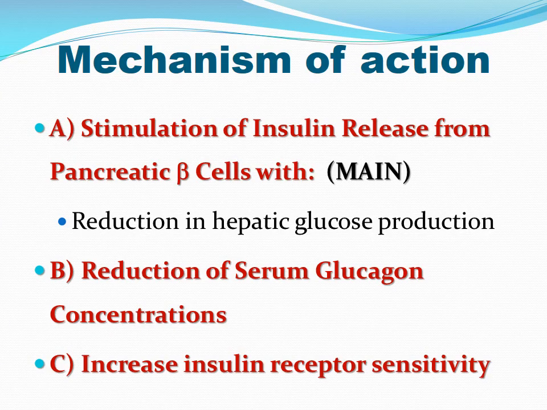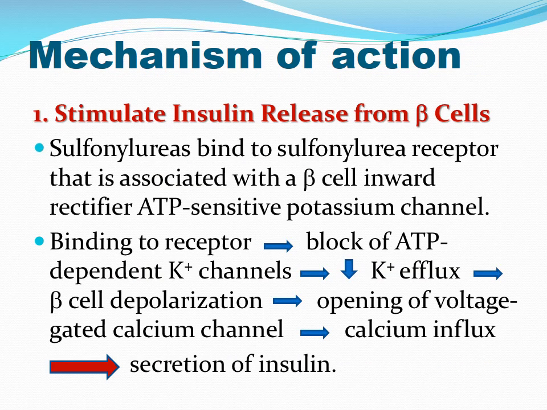Mechanism of action: they act by stimulating insulin release from pancreatic beta cells, which is the main mechanism of action for sulfonylureas. This will result in reduction of hepatic glucose production. Other mechanisms include reduction of serum glucagon and increase in insulin receptor sensitivity.